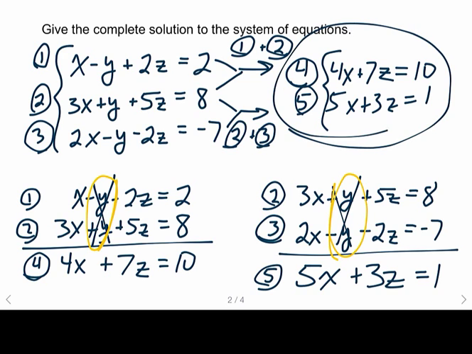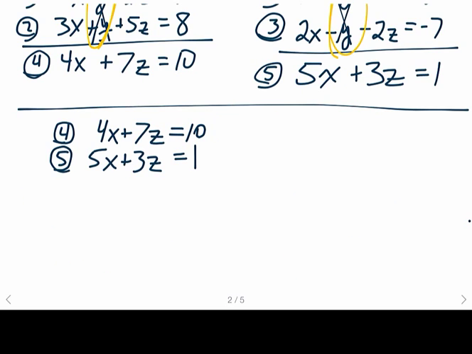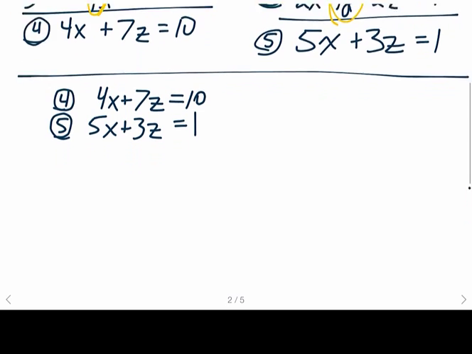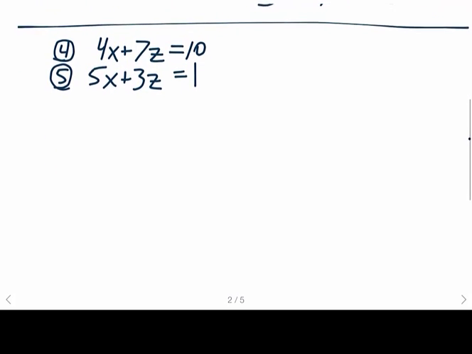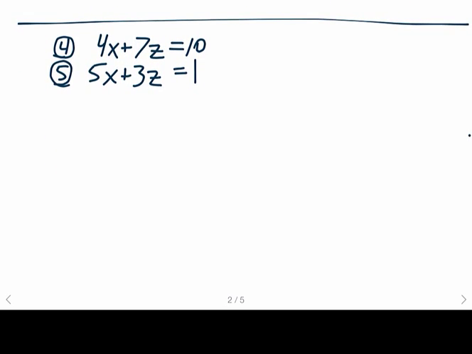That I'm going to rewrite down below here. Okay, so I've got 4x plus 7z equals 10, 5x plus 3z equals 1, and now I want to pretend that this is a brand new problem. I want to solve this system by elimination. And to do so, I'm going to multiply both sides of the first equation by 5, and then both sides of the second equation by -4.